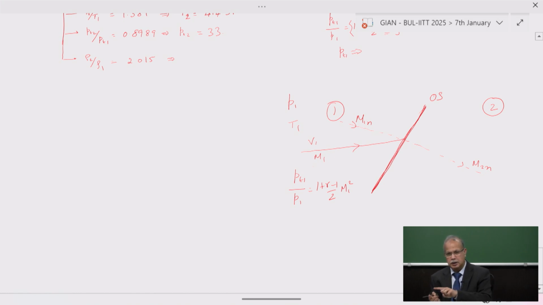M1n is helpful to find how the property changes across the shock. That's what we discussed from the theory. This is the flow before encountering the shock, so the Mach number is M1. M1n we are deriving to get how the property changes across the shock.